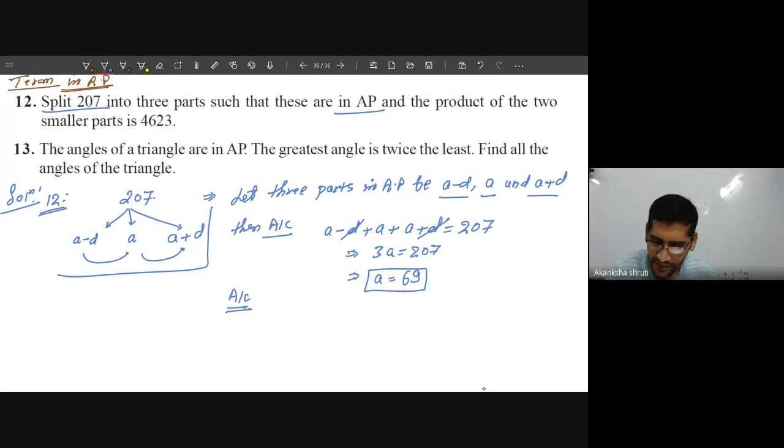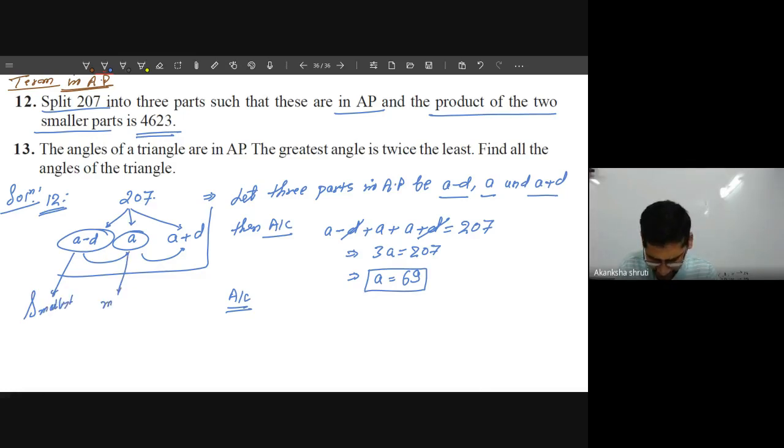We need another condition. It is also given: the product of the 2 smaller parts is 4623. Now student, in these 3 parts, which are the 2 smaller parts? The first 2 will be the smaller parts. This will be the smallest, this will be the medium, and this will be the larger.